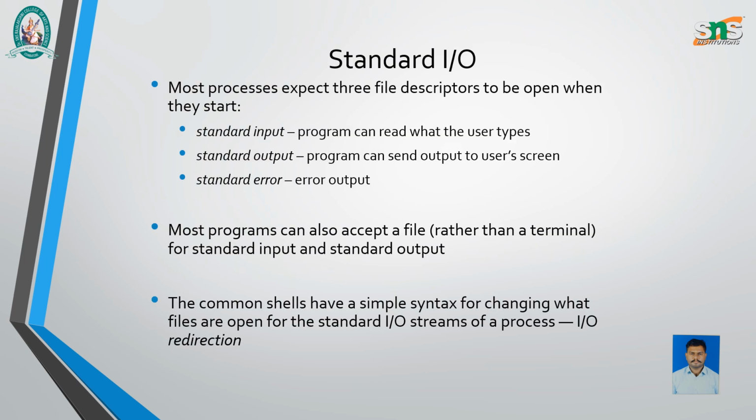And standard input and output for most programs can also accept a file rather than the terminal. For standard input and output systems, standard input is where a program can read what the user types, and standard output is where a program can send output to the user's screen, and standard error is for error output.